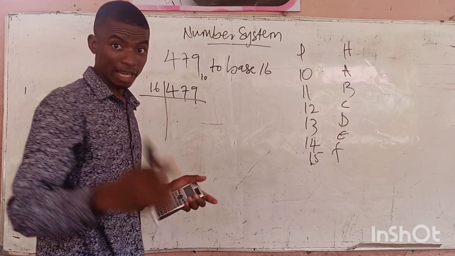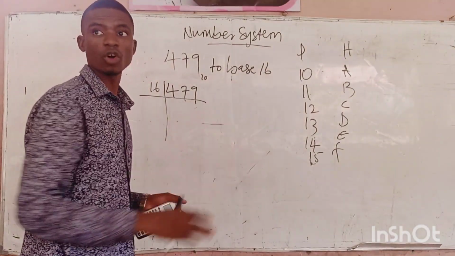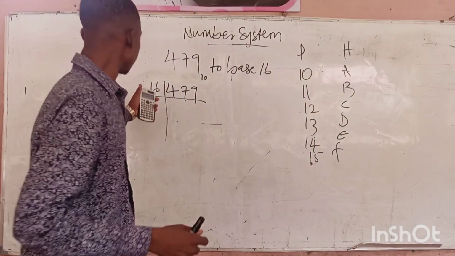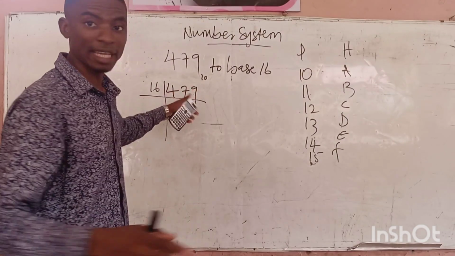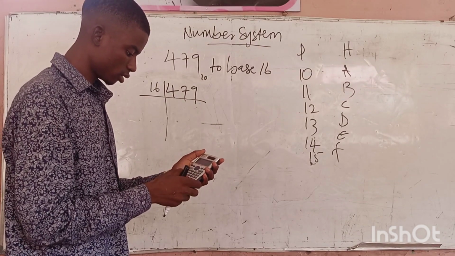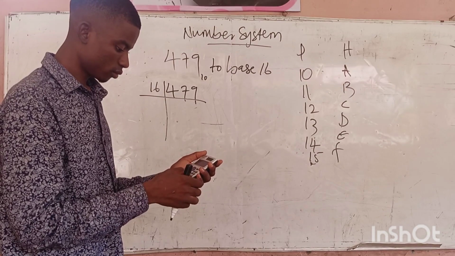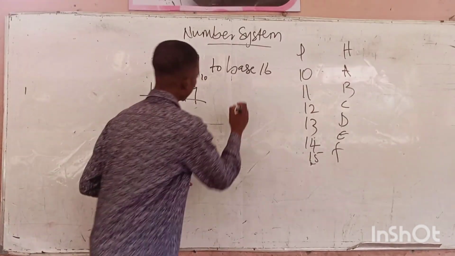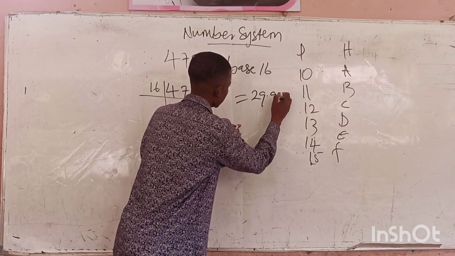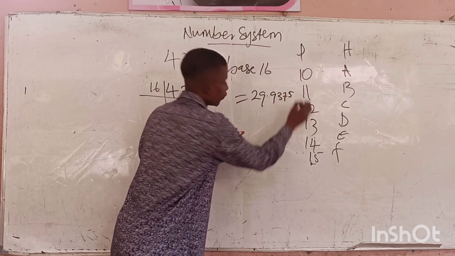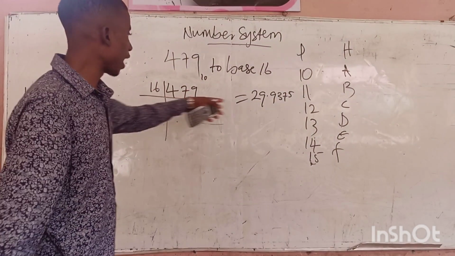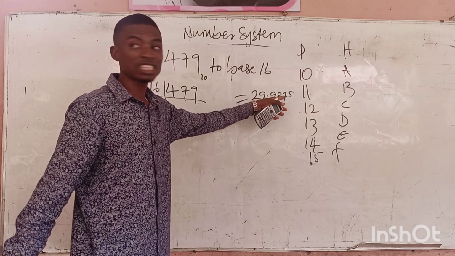You can do it with a calculator or without a calculator. But assuming we are using a calculator now, when you divide 479 by 16, you will have 29.9375.